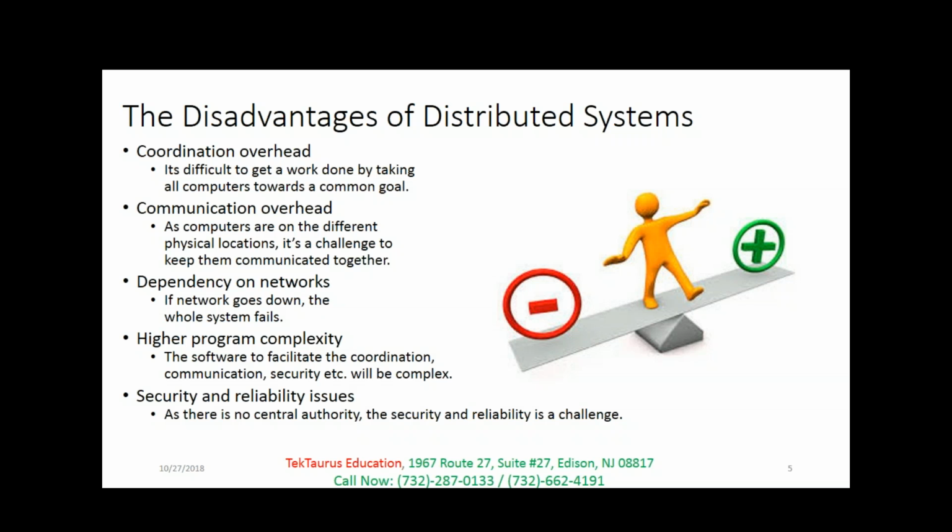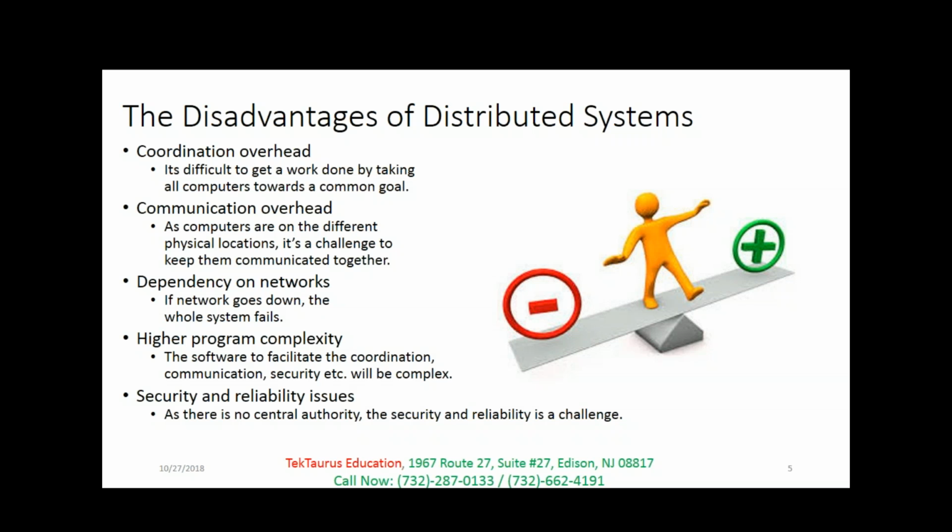It is very difficult to assess the security patches, antivirus, and firewall on the system. And if the firewall and antivirus are not there, there is a high chance of data leakage and data theft. So that is also a big problem of the distributed system.